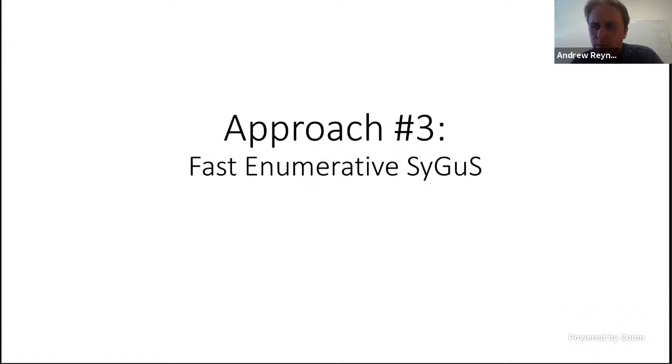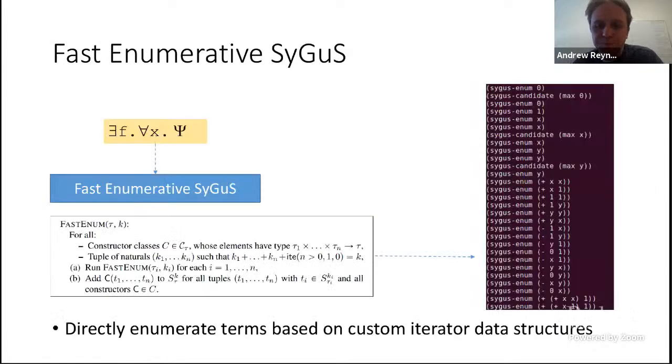All right. So the third approach that I'd like to briefly mention is fast enumerative SyGuS. The idea is actually very simple. It's essentially just treating this conjecture as a black box, and we directly enumerate terms based on highly optimized iterator data structures.